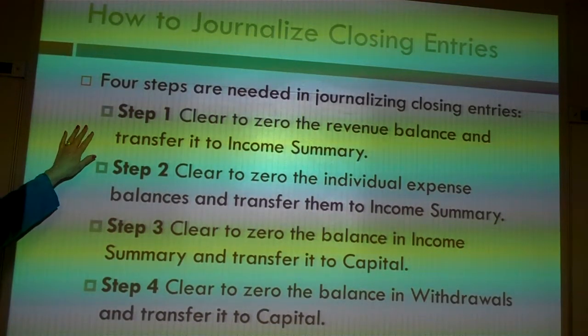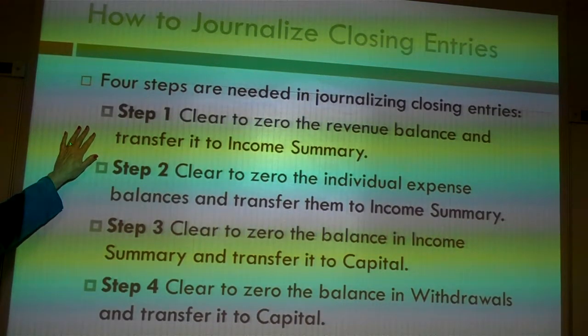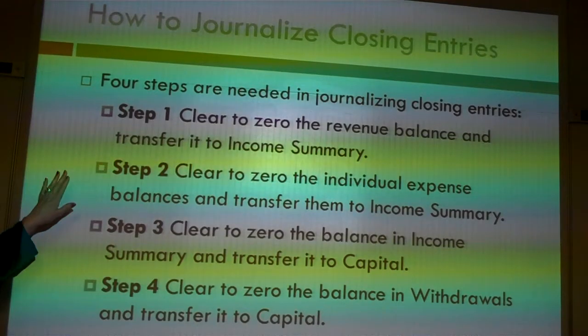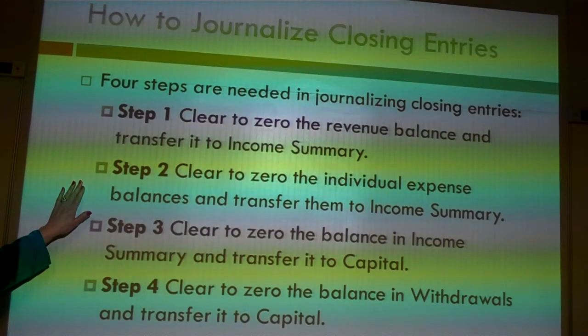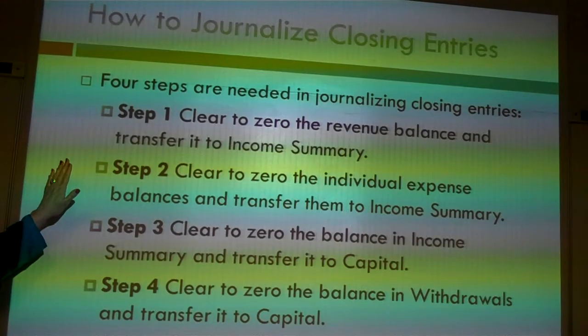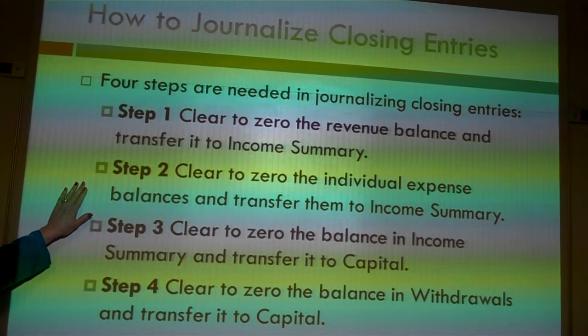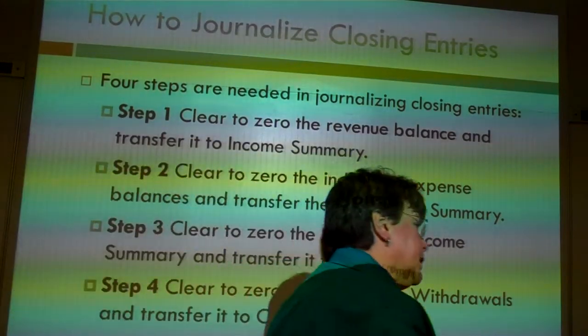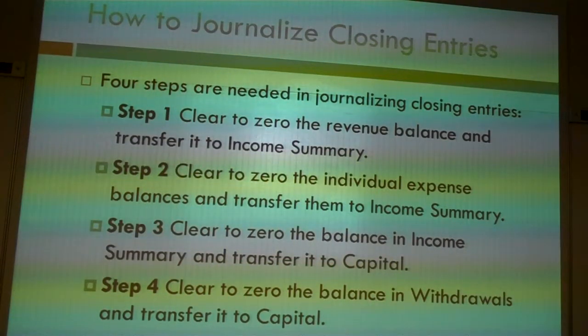Its normal balance is where? On the credit side. How will we bring it to a zero? With the debit. Our expenses have a normal balance on what side? On the debit side. How will we bring those to a zero? With the credit.